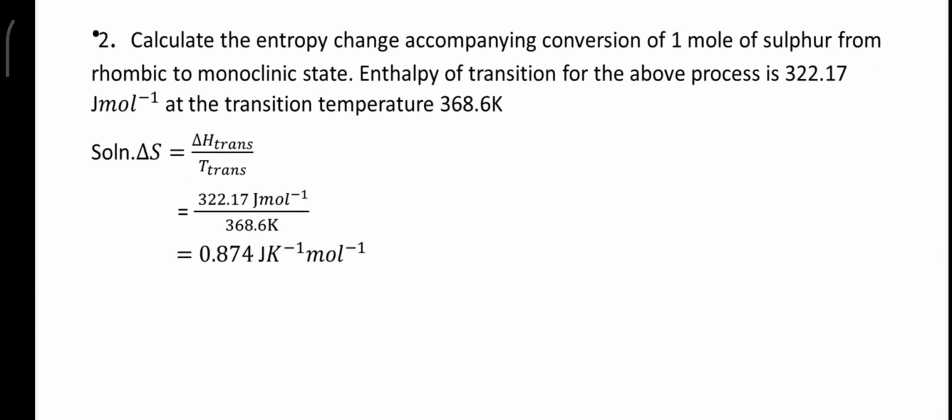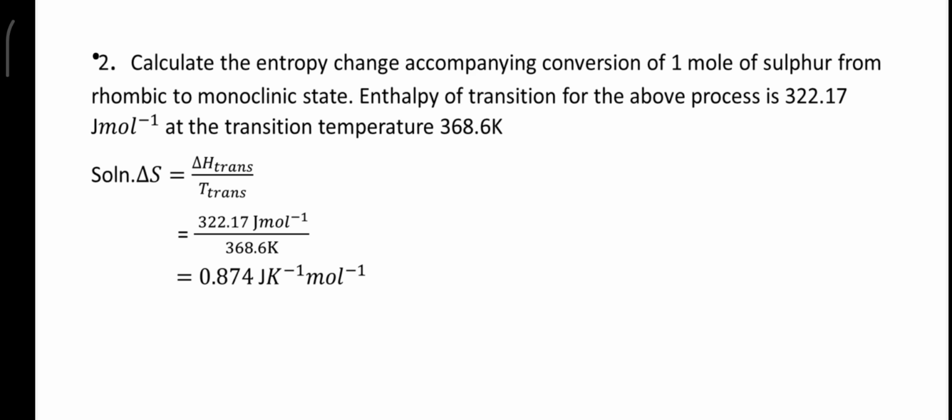Next numerical is related to the transition process. Here the transition temperature value is given for sulfur. Sulfur has two allotropic forms, rhombic and monoclinic. So this is the conversion of rhombic into monoclinic, which takes place at a particular temperature, that is 368.6 Kelvin, called the transition temperature.